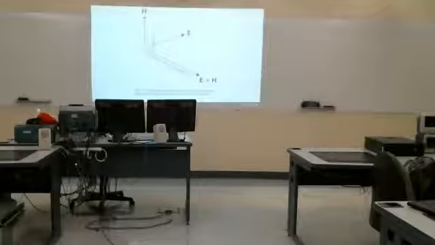Now E is in this E direction. The direction of propagation is in the K direction. So if we divide K by its magnitude, we get a unit vector in the direction of propagation that we're calling K hat.